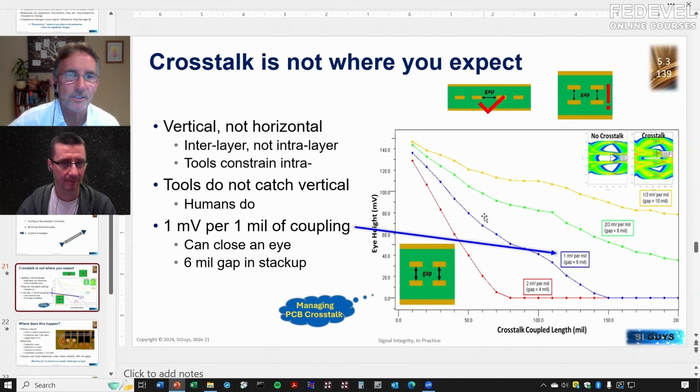It turns out at 6 mils, you're decreasing your eye 1 millivolt per every 1 mil of coupling. 20 mils of coupling, 20 millivolts smaller eye. Here's a picture of what's happening: you're putting noise on the signal, and you're collapsing an eye. This is important. I never thought the impact is so big at such a short distance.